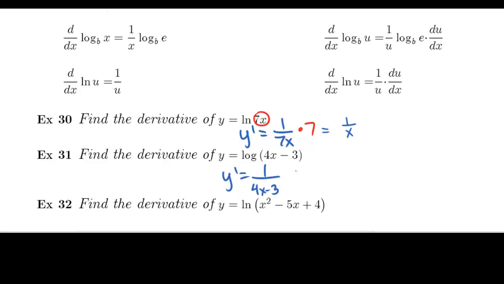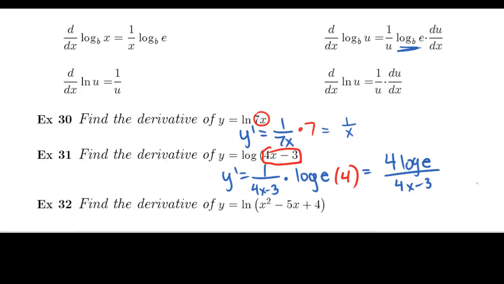The difference here is that we multiply by the log base 10 of e, which is just a number. You could punch it into your calculator and find out what it is. Then we take the derivative of the 4x minus 3, which is 4. So probably the easiest way to rewrite this would be 4 times log of e over 4x minus 3.